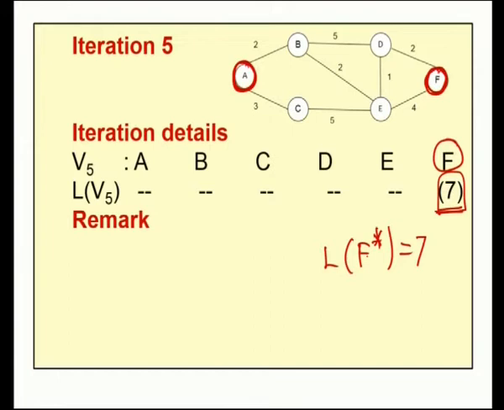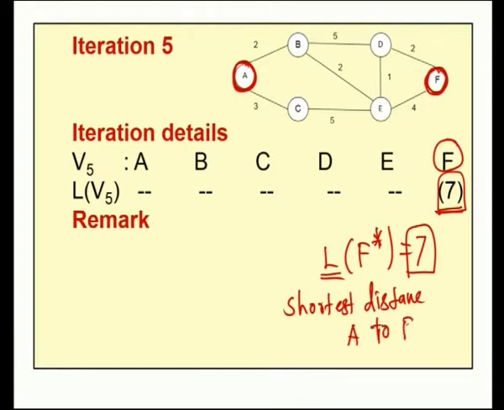Since for the final node the labeling value is 7, which is the shortest distance from node A to node F. So, for this problem the shortest distance from node A to node F is 7. So, we got the shortest distance from node A to node F using Dijkstra algorithm.